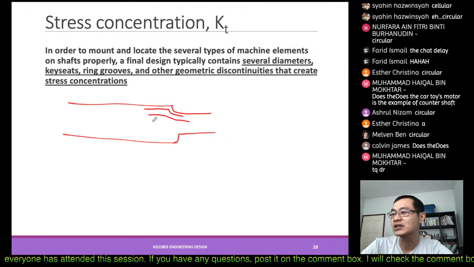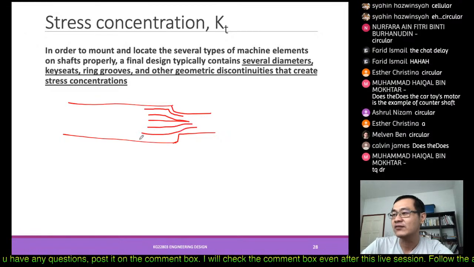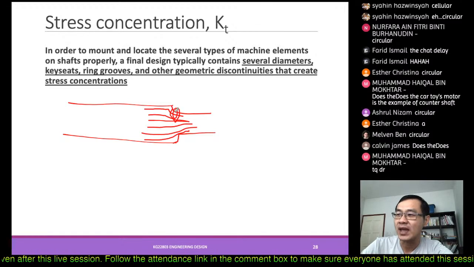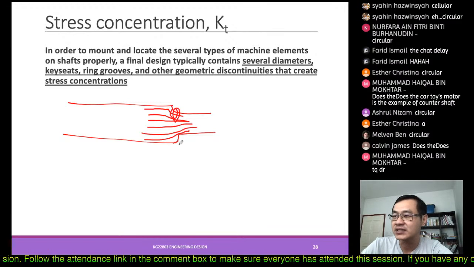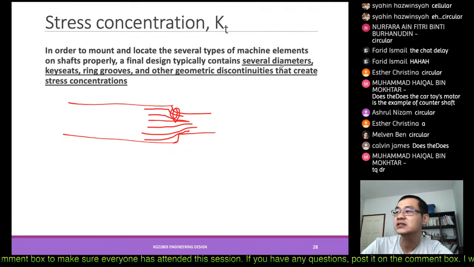If we draw the flow lines, everything will be squeezed into this corner. This is where the stress is being concentrated, due to the changes of geometry.